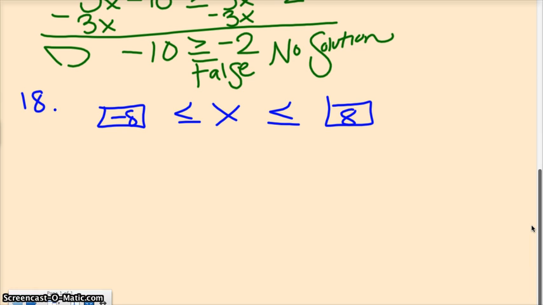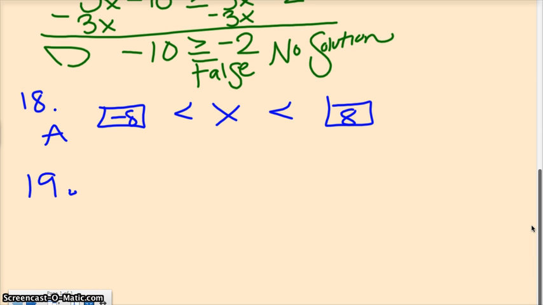However, it says all real numbers that are bigger than negative 8, so I can't equal it, and less than 8, so I can't equal it. So it should be two open circles smushed in between negative 8 and 8, and that is A.